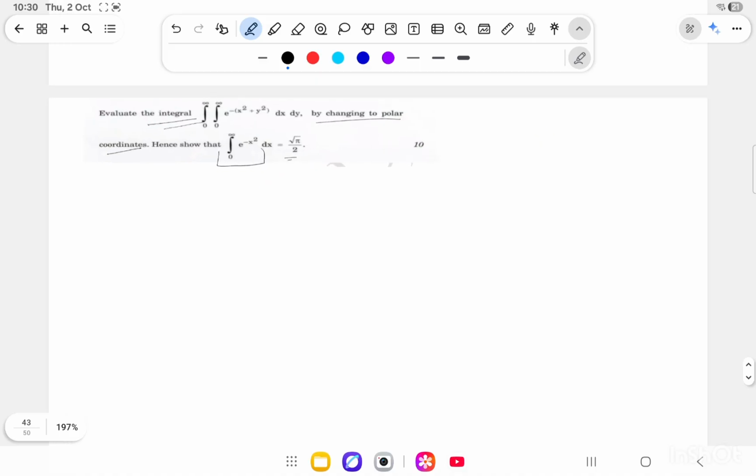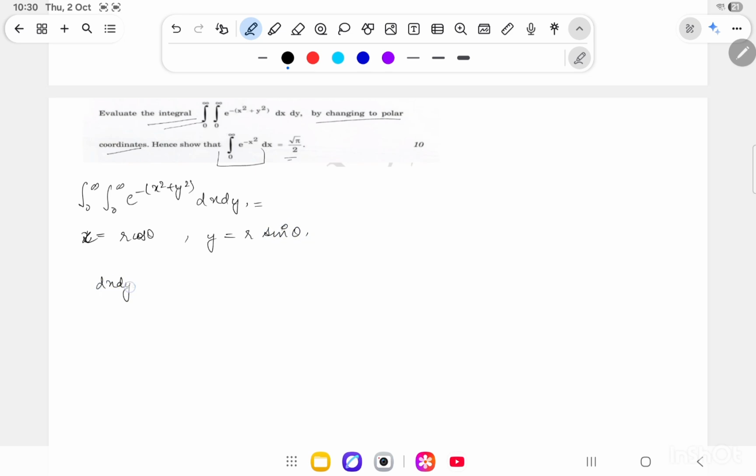The given integral is the integration from 0 to infinity of e raised to minus (x square plus y square) dx dy. This is the first part of the question. Polar coordinates are x equals r cos theta and y equals r sin theta. So in this case our Jacobian will be dx dy equals r dr d theta.